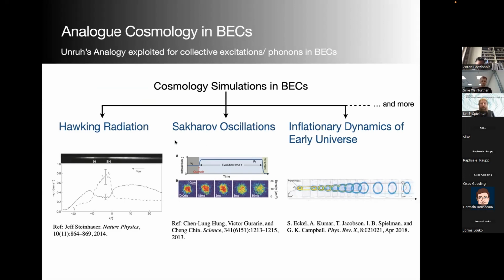The experiment I showed earlier from Markus Oberthaler's group had an aspect which was similar to an early experiment from Cheng Chin's group, where the interaction strength was quenched, creating particle-hole pairs that they interpreted as Sakharov oscillations. And then I'm highlighting our early dynamics of the early universe.